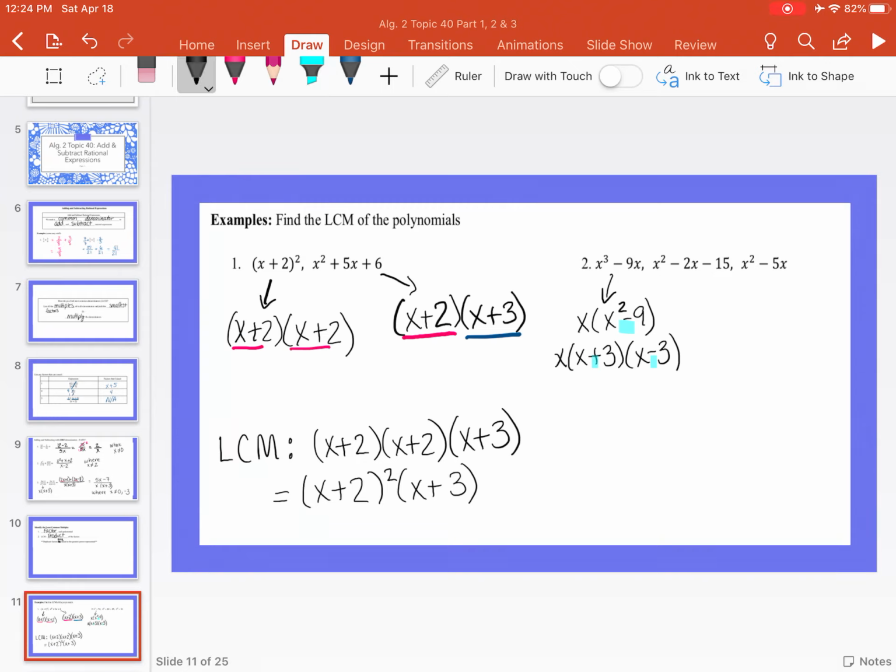Our next polynomial, we have x squared minus 2x minus 15. If we factor this, we will get x plus 3 times x minus 5. And our third and final polynomial, we have x squared minus 5x. So we can factor out an x times x minus 5.